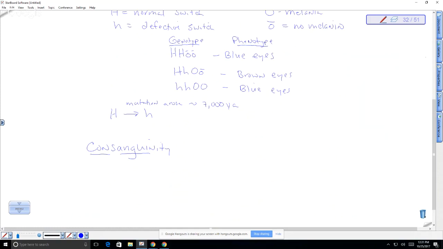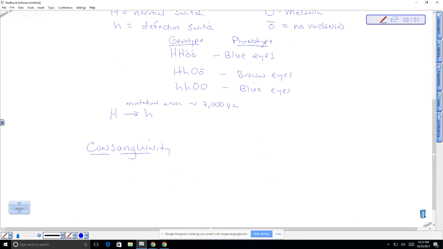We don't say that people are inbred in the genetics term; if you're a medical person, you can say that they have consanguinity, right? The coming together of blood. So this is how individuals would come together with a relatively closely related person to have offspring.